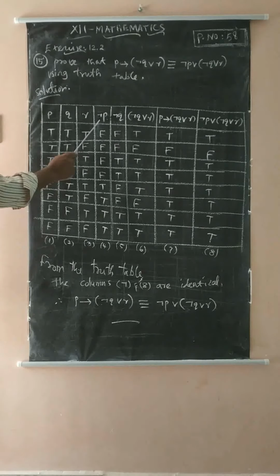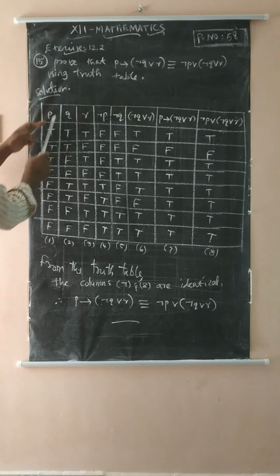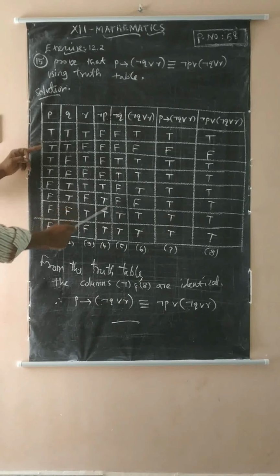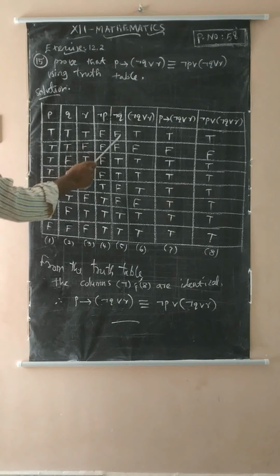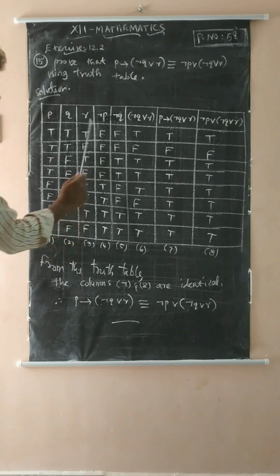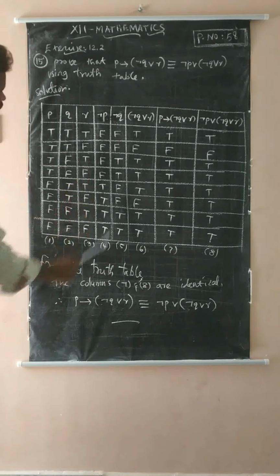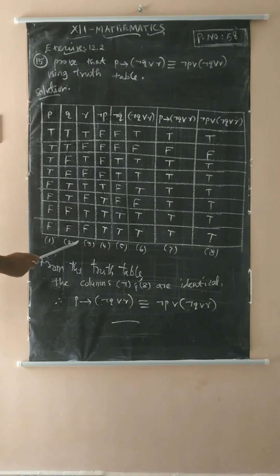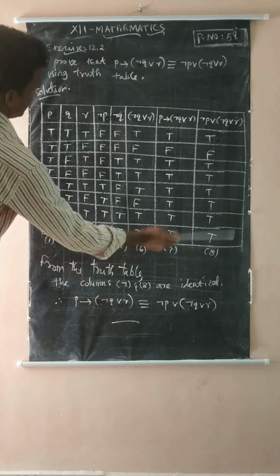Next we want negation P and negation Q. Negation P is the opposite of P: 4 false, 4 true. Negation Q is false, false, true, true, false, false, true, true. Next we find negation Q or R. Number the columns first, second, third, fourth, 5, 6, 7, 8.